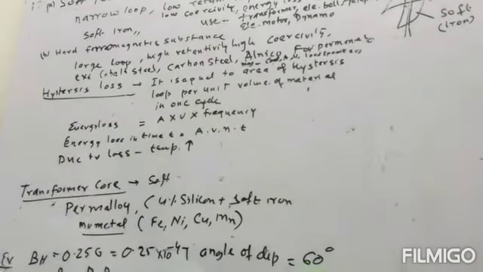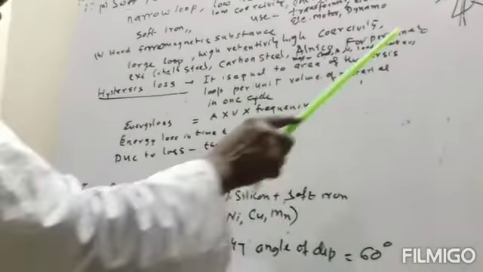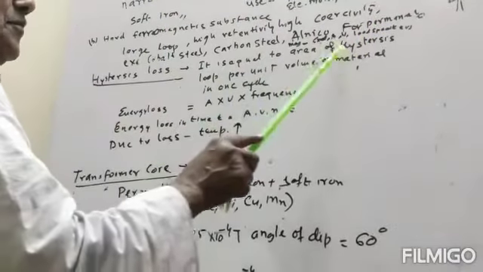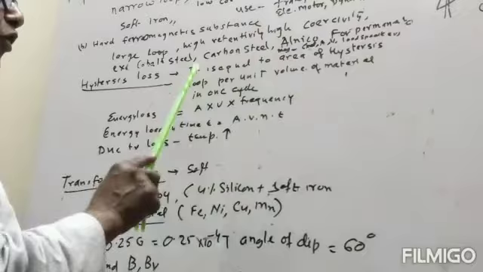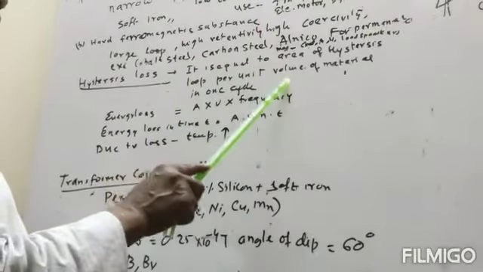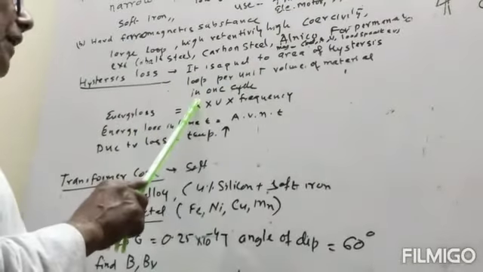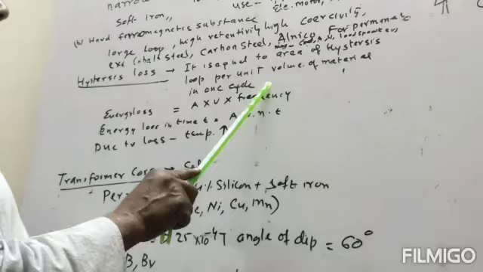Hysteresis law says that the loss is equal to the area of the BH curve, or hysteresis loop, per unit volume of the material per cycle.